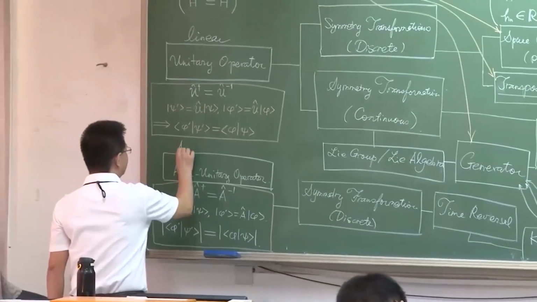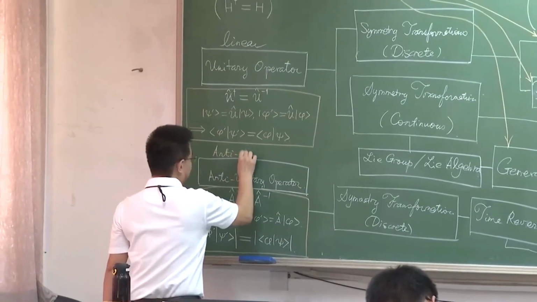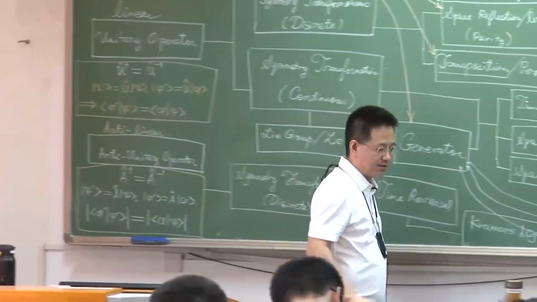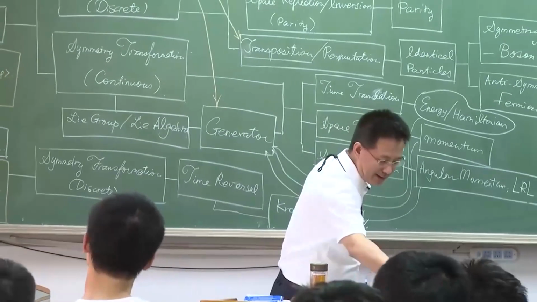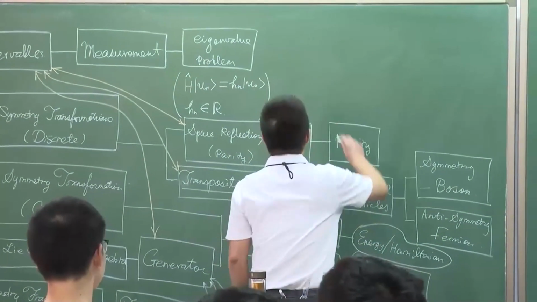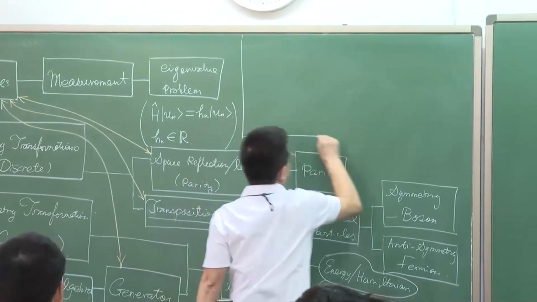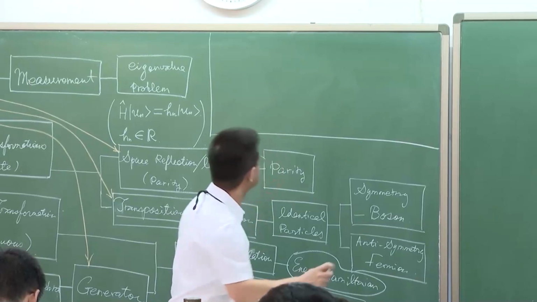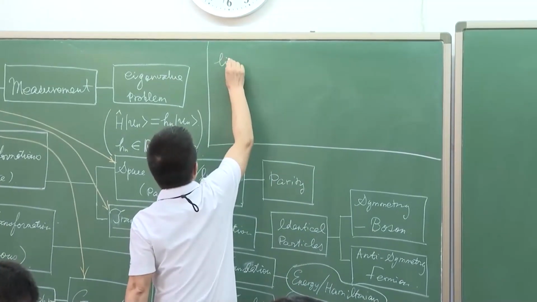It is anti-linear. So what is the meaning of linear and anti-linear? Let me give you some more explanation of that, a very brief introduction to what is linear and what is anti-linear.